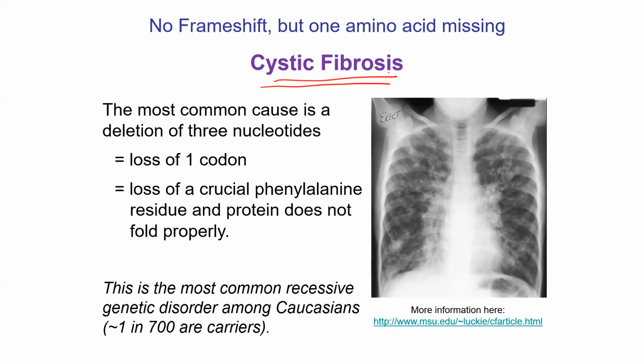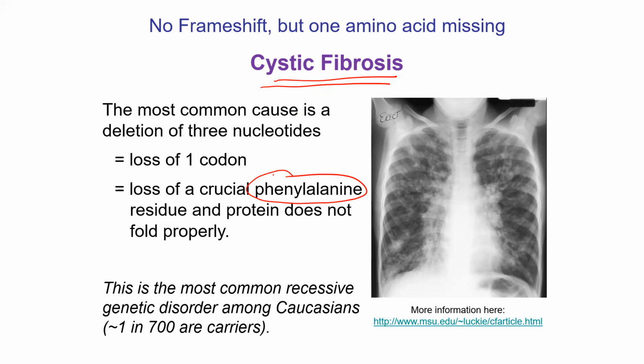And what it is doing is it is a very crucial amino acid, a phenylalanine is missing. So this protein is actually involved in chloride transport. And so any part of the body that has something to do with secretions is affected. So the gut can have issues, and we can help them with digestion by giving them supplements and enzymes. Where it gets them really bad is the lungs.